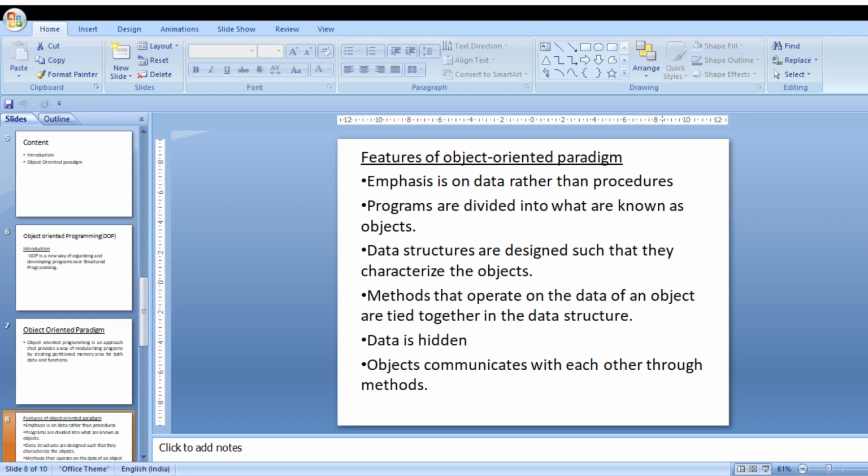ಇಲ್ಲಿ data secured ಆಗಿ ಕೂತಿದೆ, that is the concept of encapsulation. Importance is given to data rather than procedures. Programs are divided into what are known as objects. An object is equal to the combination of data plus methods.